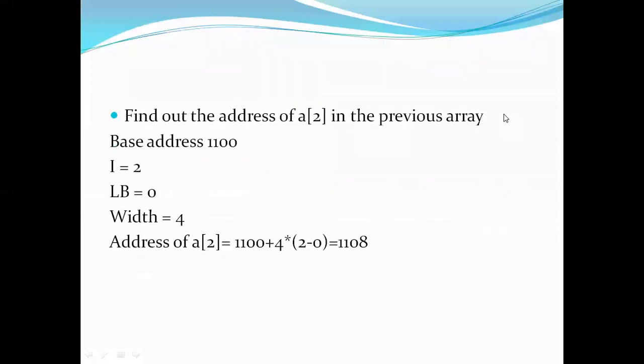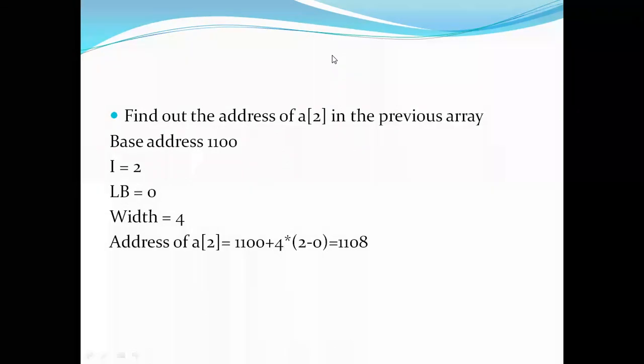Just look here, that is A of 5 I want to calculate. What will be the address? 1100 will be the base address and width is equal to 4.